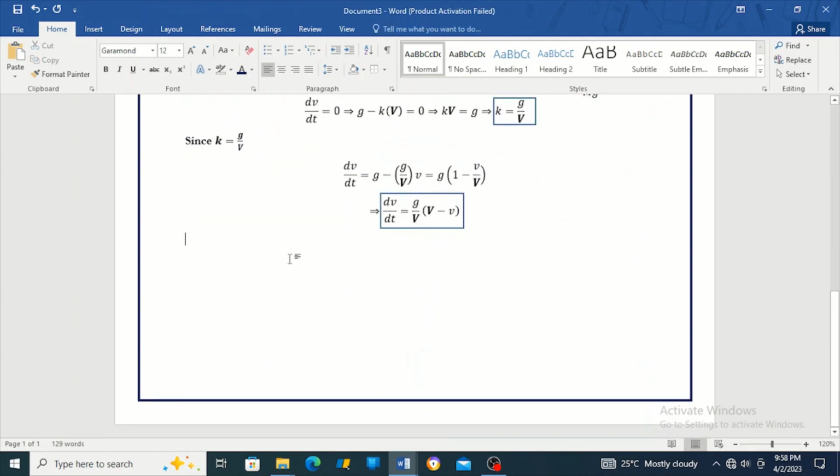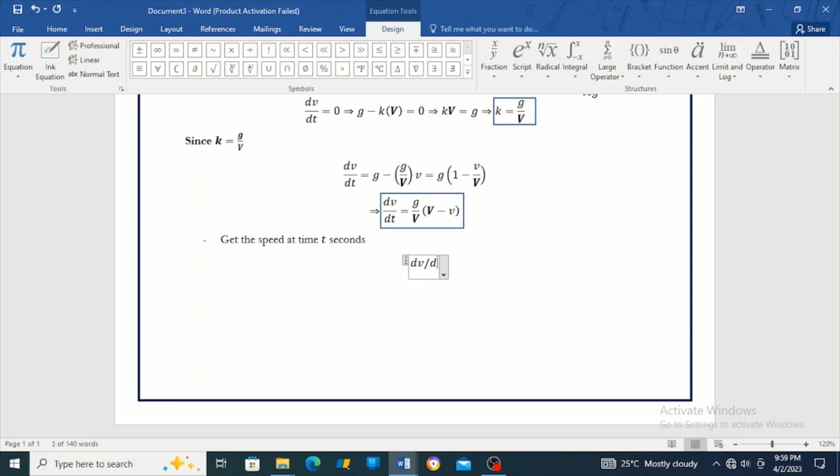And how do we get the velocity at time t? So we have to get the speed at time t seconds. Okay, so we need to integrate our equation. So dv by dt is equal to g divided by V into V minus v. I'm going to separate variables and integrate both sides.